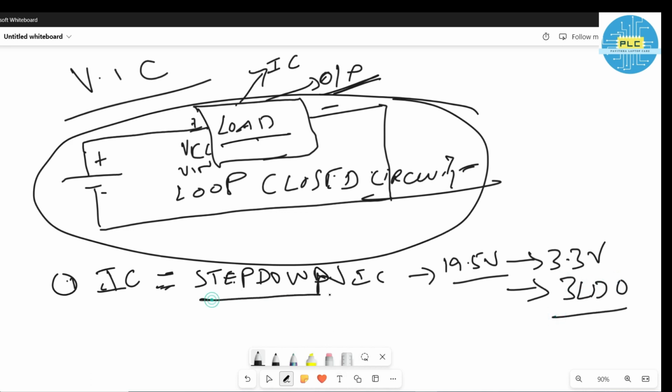This is called a step down IC, which downs the voltage. It reduces 19.5 volts and gives these two appropriate outputs.